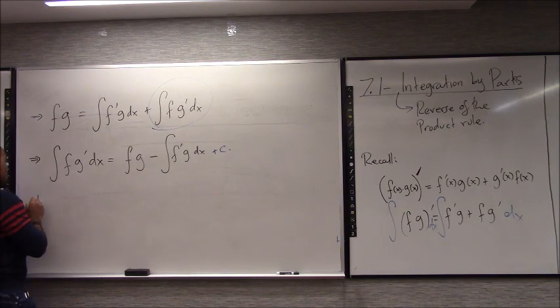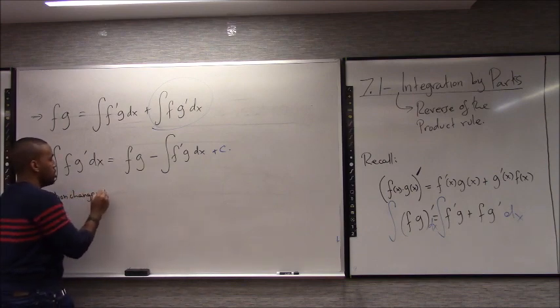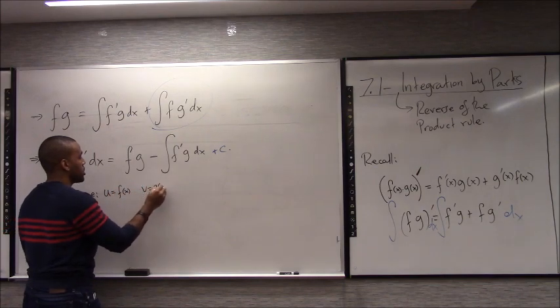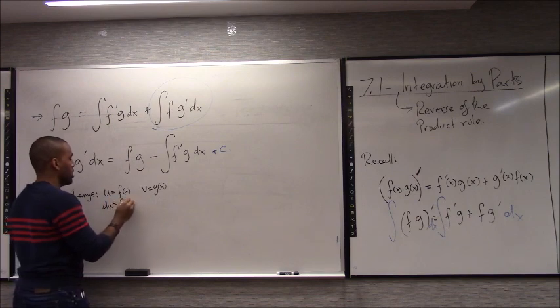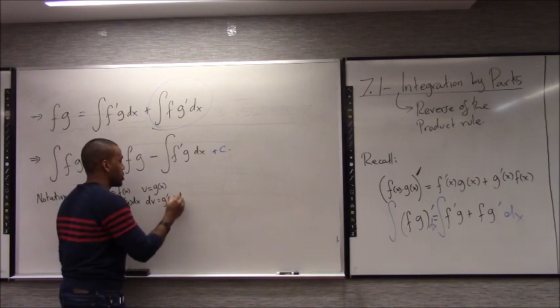Usually there's a notation change here. If I set u equals f of x and I set v equals g of x, then my du would be f prime of x dx, and my dv would be g prime of x dx.